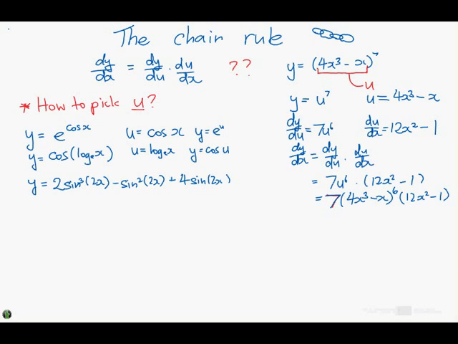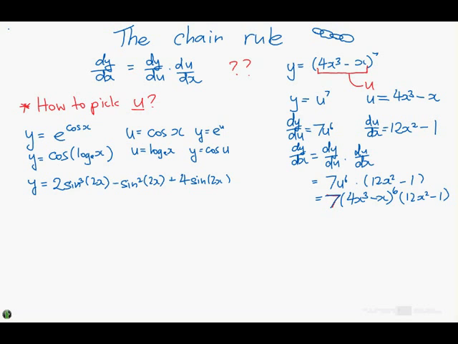Now, the problem is that x appears in multiple spots. But you'll see that what's common to every term is sine 2x. So if you were to let u equal sine 2x, you'd get rid of all the x's, and you'd probably have a decent looking function to come out of it.